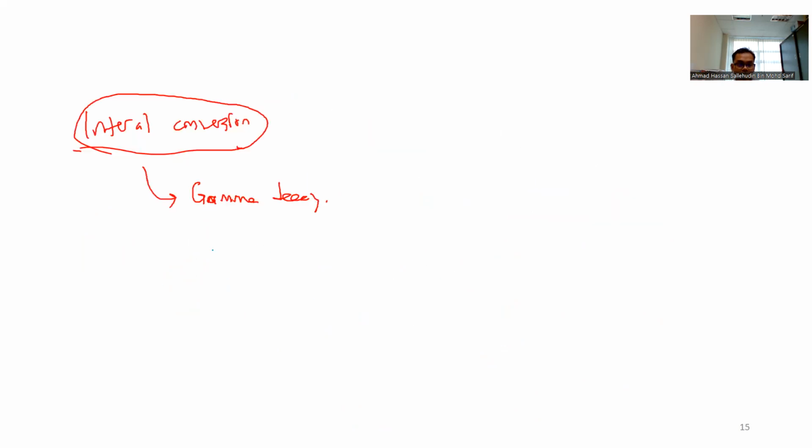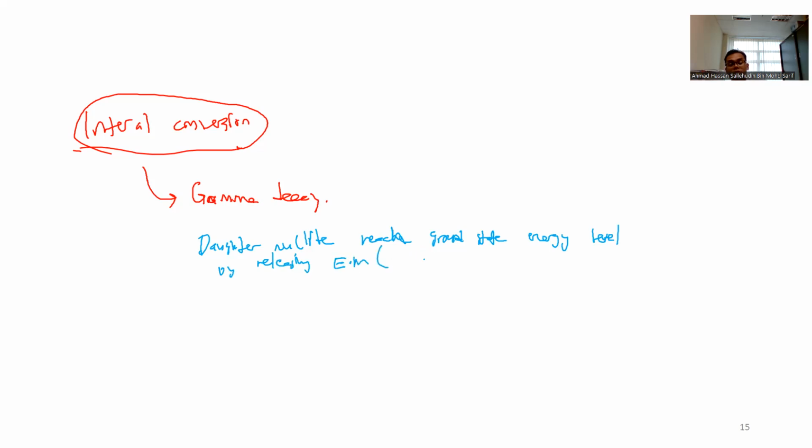So the daughter nuclide reaches the ground state energy level by releasing electromagnetic radiation, which is what we call gamma ray.